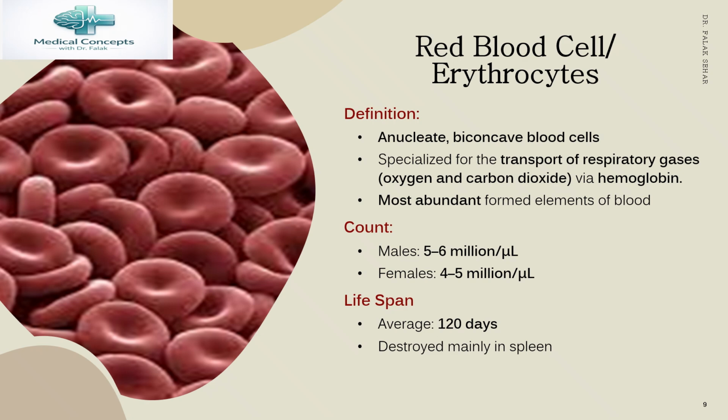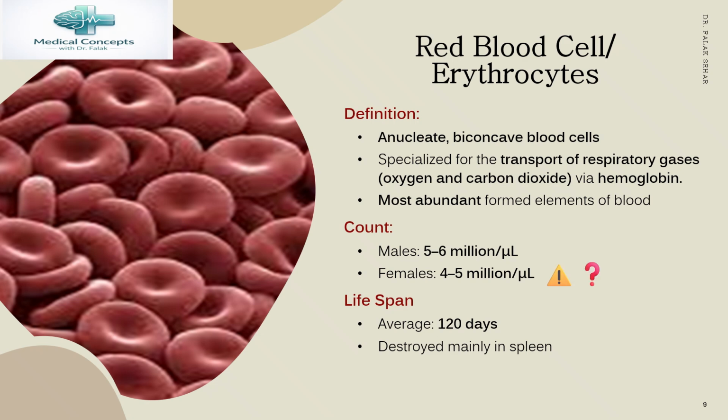Approximately, the total count is 5 to 6 million per microliter in the males, while in females approximately 4 to 5 million per microliter. The total lifespan is about 120 days, a very important MCQ. And these red blood cells are destroyed mainly in the spleen.